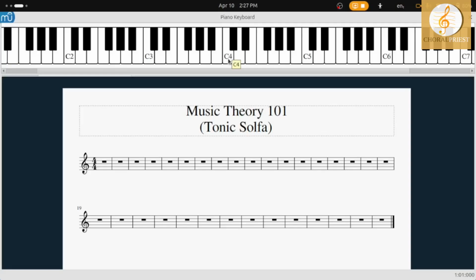From this C4, which is of course the do, this is do, re, mi, fa, sol, la, ti, do, again. So this is the natural occurring note in the key of C. Do, re, mi, fa, sol, la, ti, do.